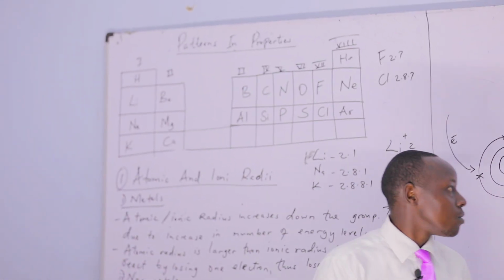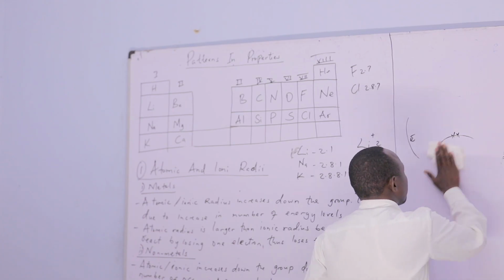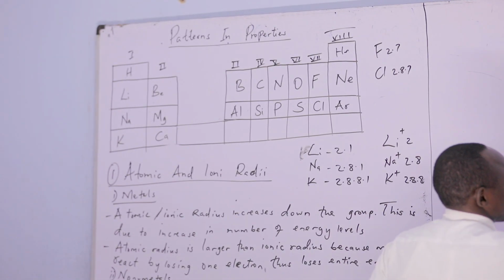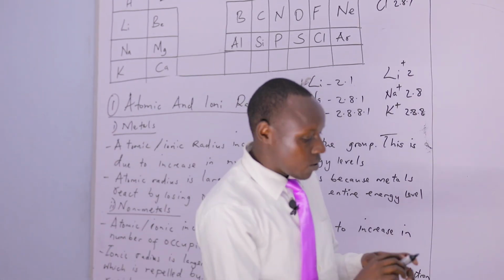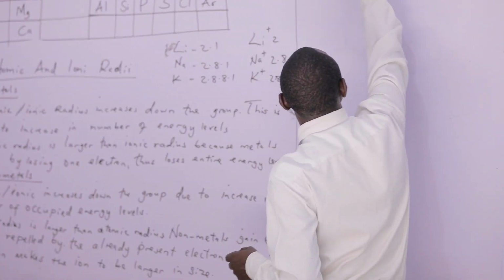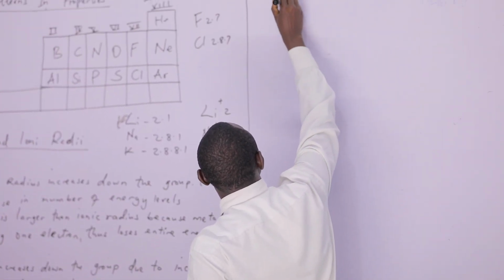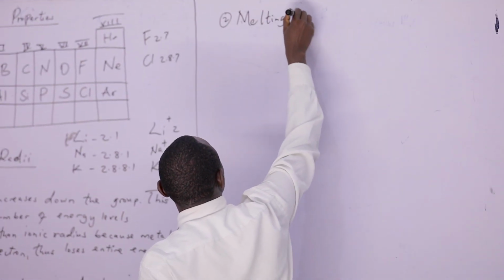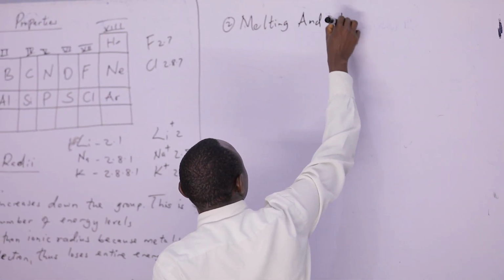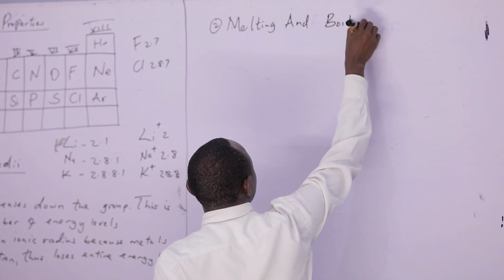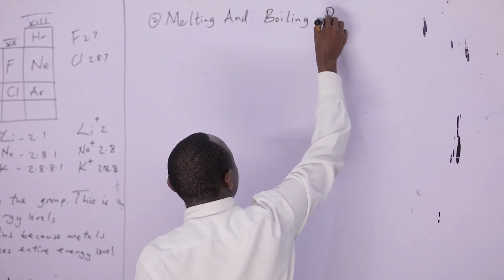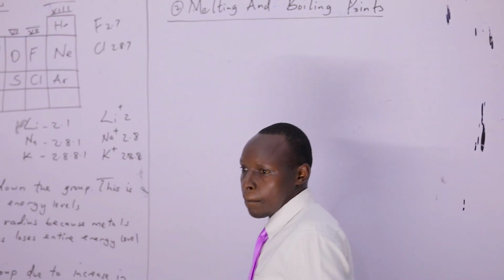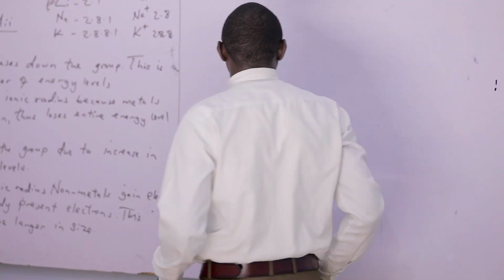Property number 2 that we talk about is melting and boiling points.